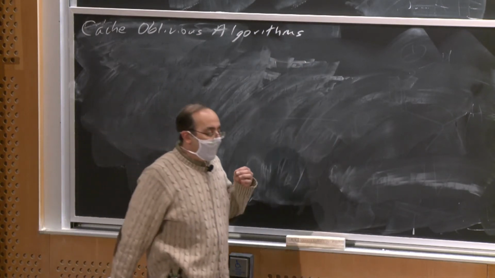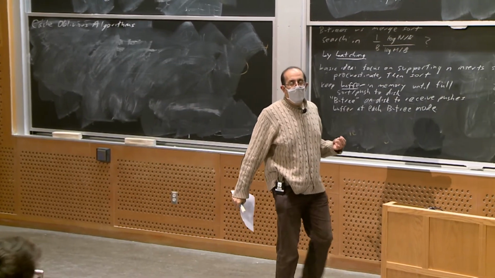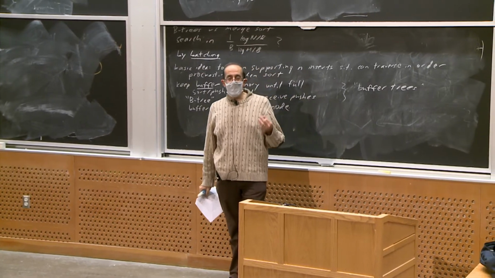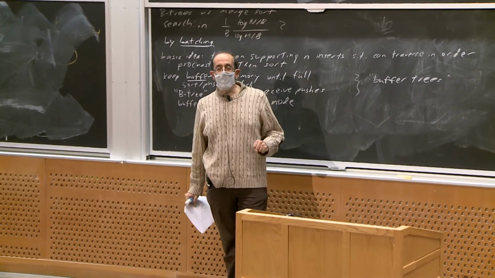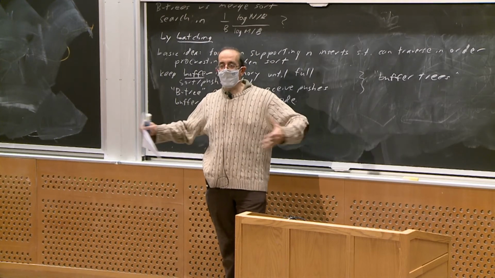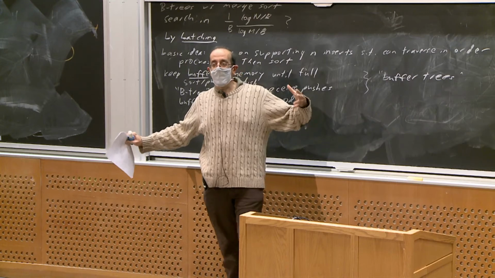So you needed to know B, to know M, to know N, and based on those, you would set certain parameters in your data structure, like the number of children in your B tree, or the number of different subproblems you would merge in merge sort, right?